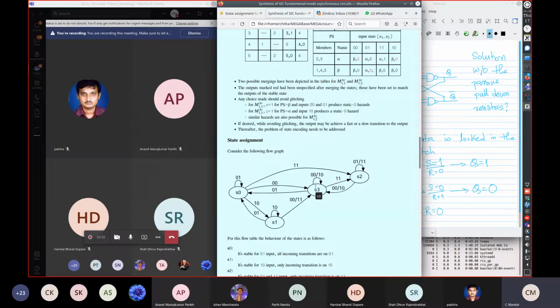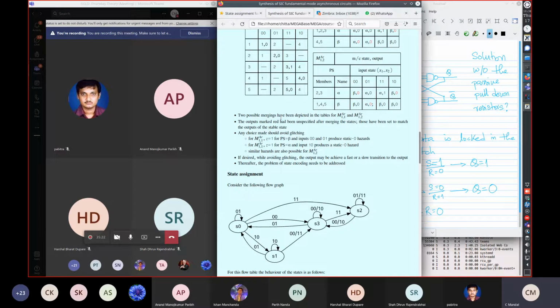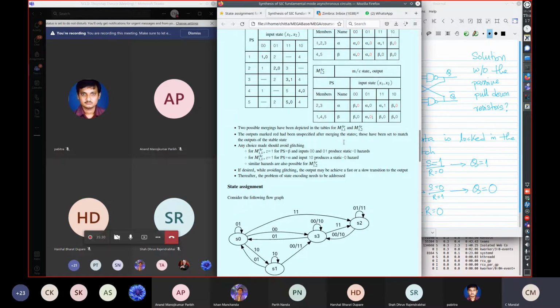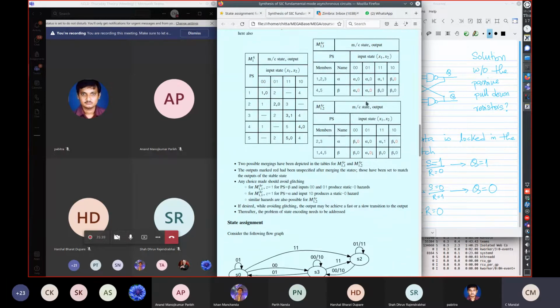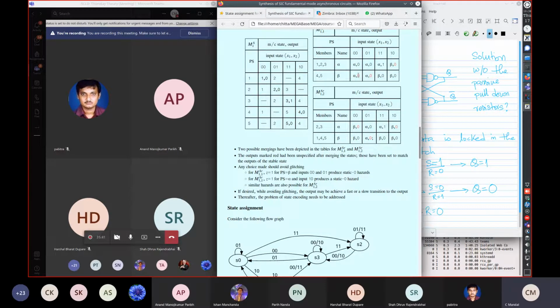Two possible markings have been depicted, with the outputs marked in red. Here also there is something to be careful about. If you remember, this part was not specified.